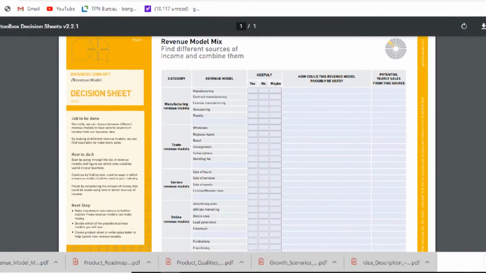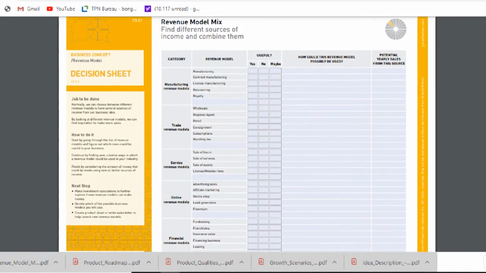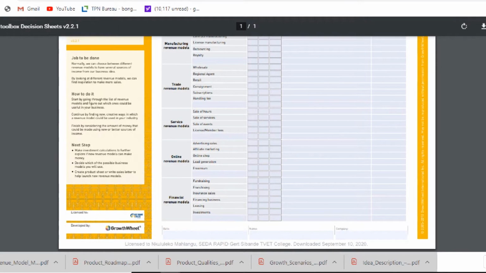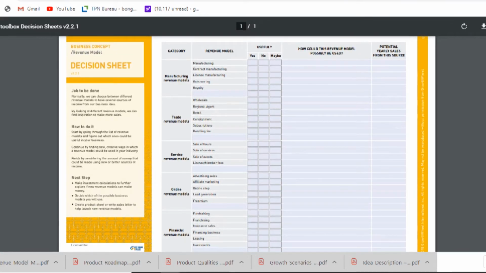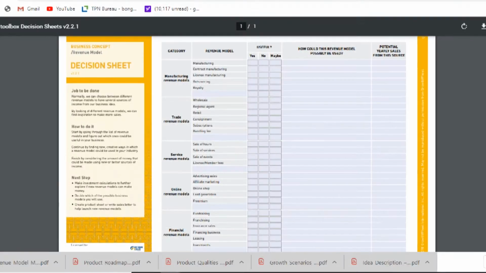The first one, I want us to look at manufacturing revenue models. When we speak about manufacturing revenue models, what we mean is, if you buy in high quantities, it's going to be cheaper, so you'll be saving. If you also manufacture the things for yourself, you are then in a position to make more money. Then you look at license manufacturing.